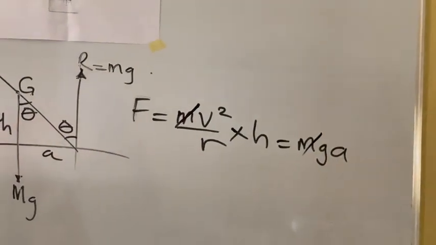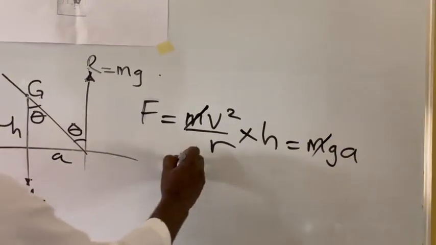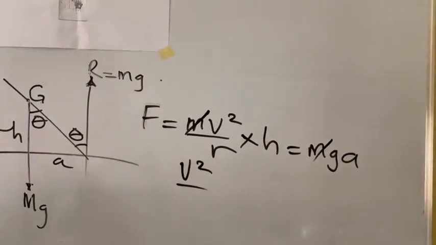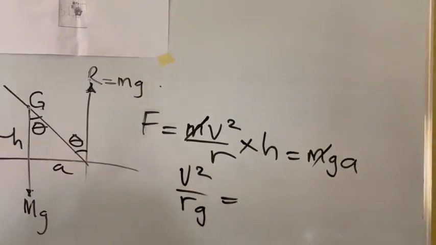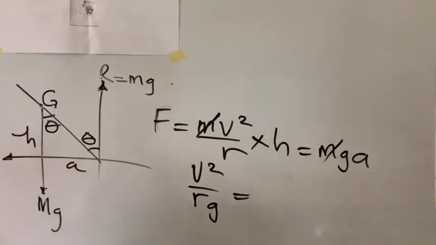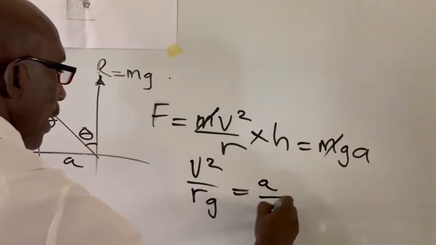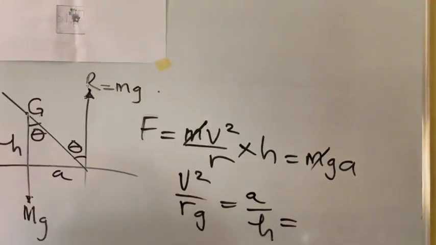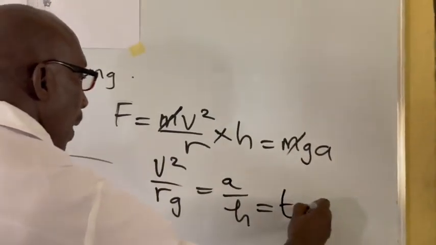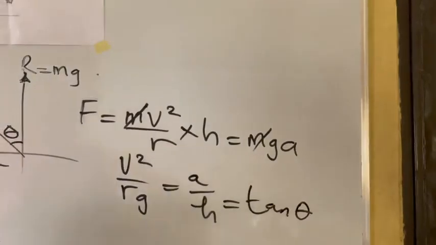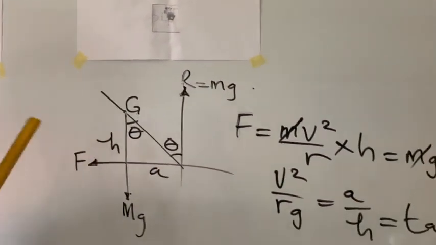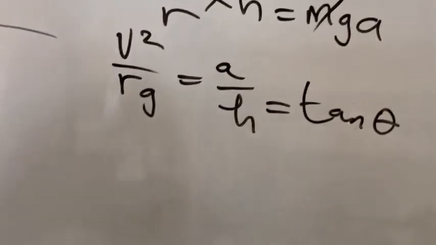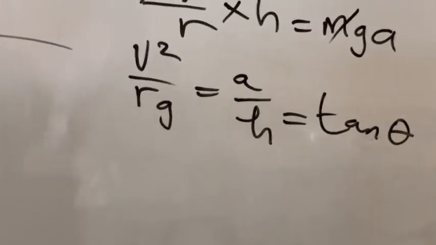So that will leave us with v squared over rg, which is equal to a over h, which is equal to tangent theta. Mark you, tangent theta is equal to opposite, which is a, over adjacent. This formula is so important.